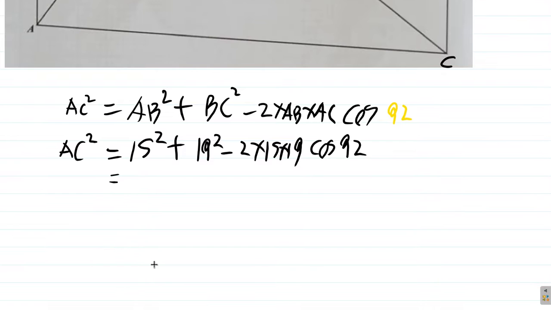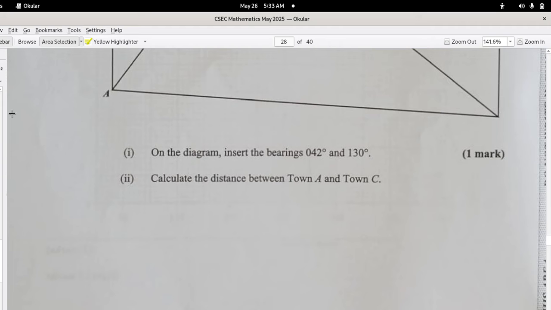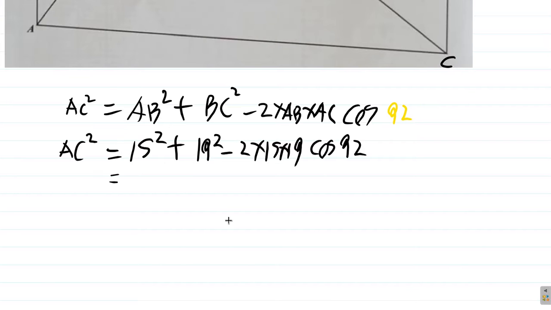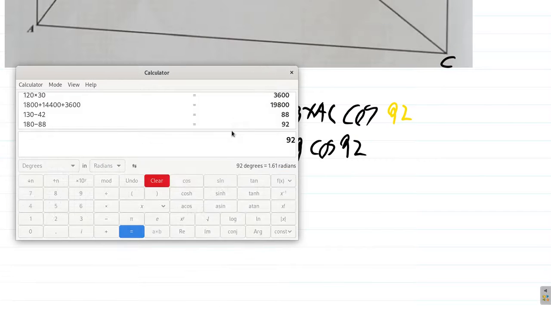When you work that out now, 15 squared plus 19 squared, we have 15 squared which is 225, and 19 to the power of 2 is 361.